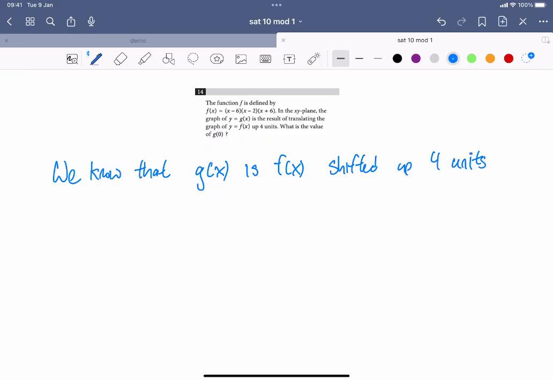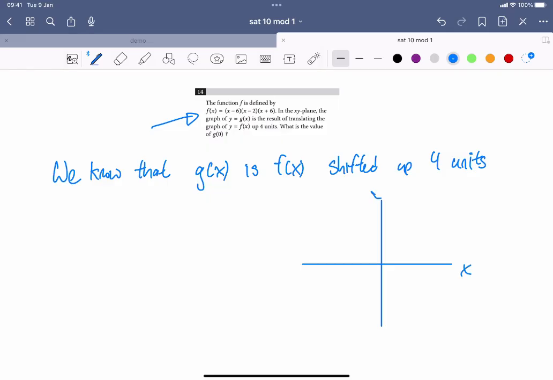So what that means is it doesn't really matter what f of x looks like. Of course we're given this equation to see what it looks like, but it's too time consuming to plot out the Cartesian coordinates. What is x?